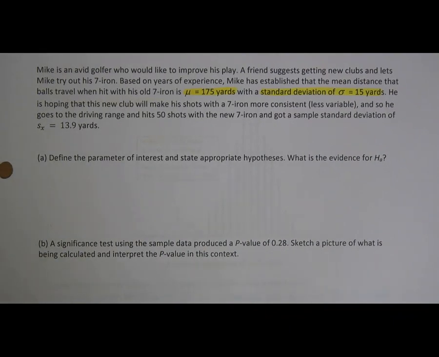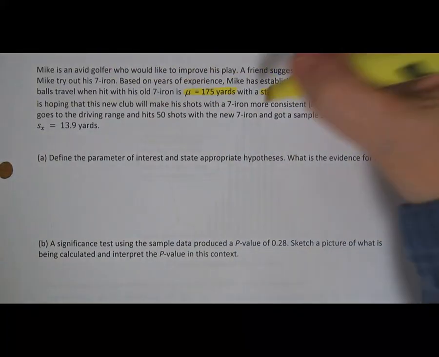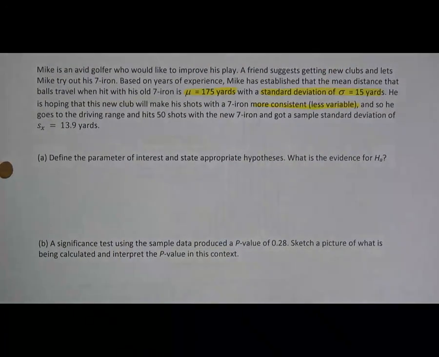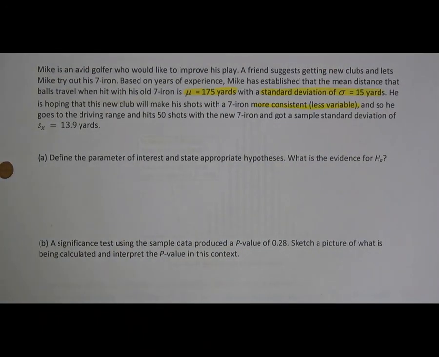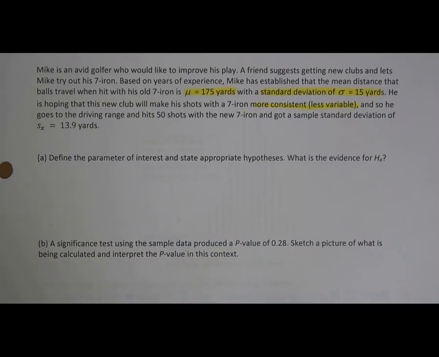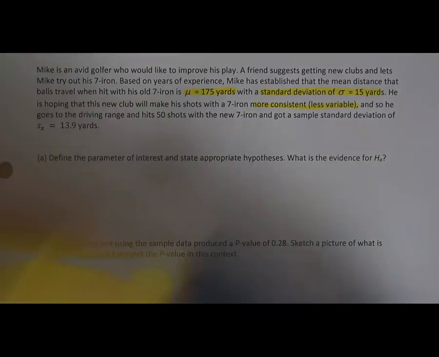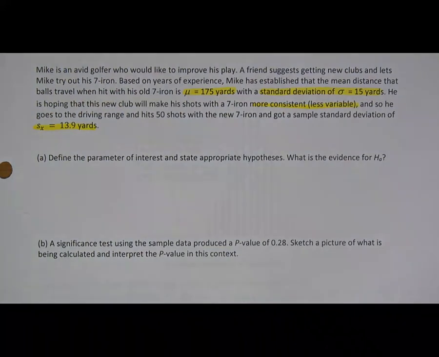He's hoping that if he goes ahead and purchases the 7-iron, that it will make his shots more consistent or less variable. So we're talking about the standard deviation. He's wanting to lower his standard deviation. So he goes to the range and he hits 50 shots, and this is his sample standard deviation. So there's maybe some evidence that we have right there that it did improve his shot. It made it more consistent, it lowered the variability, because now the standard deviation is lower than 15.